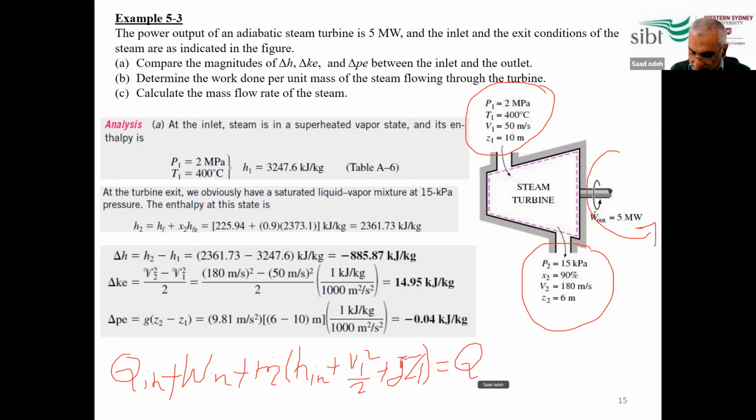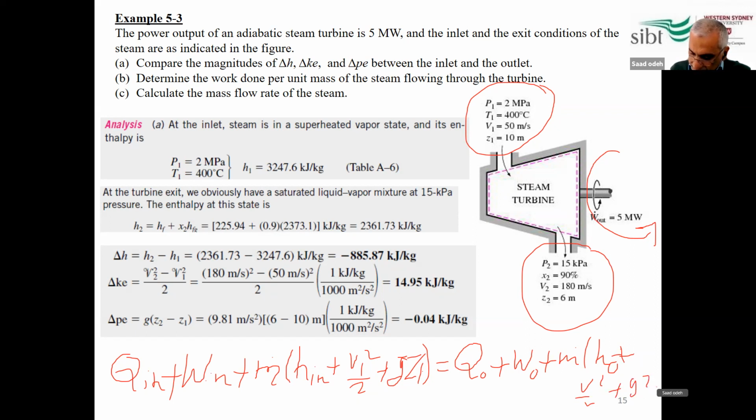So Q out plus W out plus all internal energy, the h exit or h out, plus the velocity squared over 2 plus gZ2.